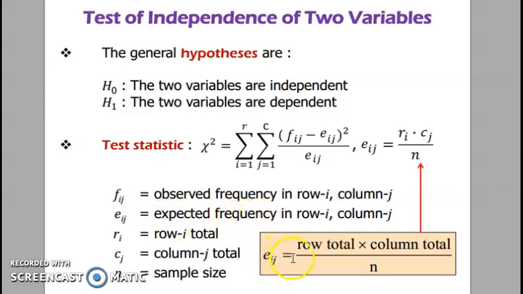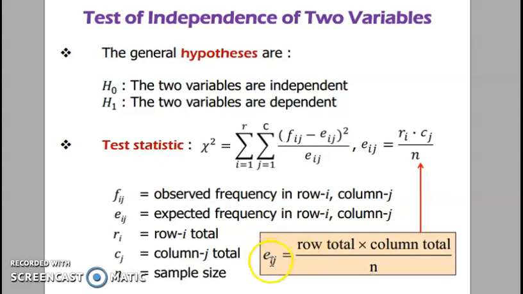The expected frequency is simply row total multiplied with column total divided by n. So E11 means we need to multiply the total in row 1 times the total in column 1 divided by the grand total, the grand sample size, which is n.